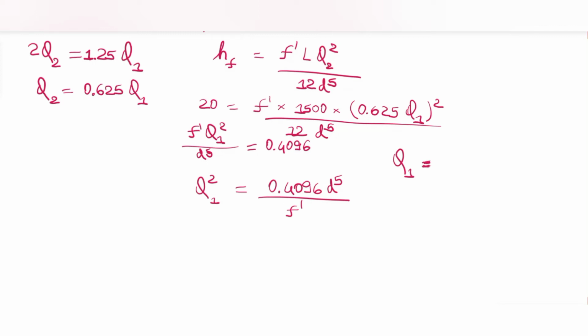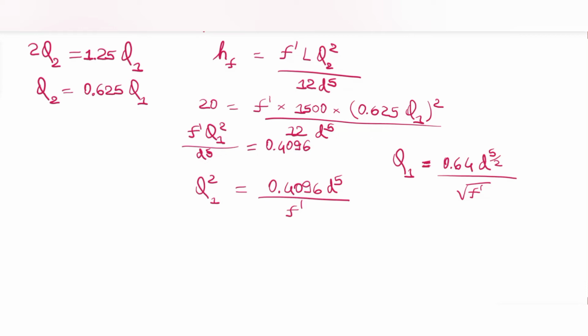Square root of 0.4096 will be 0.64, and square root of d raised to 5 will be d raised to 5 by 2 and whole divided by square root of F dash.